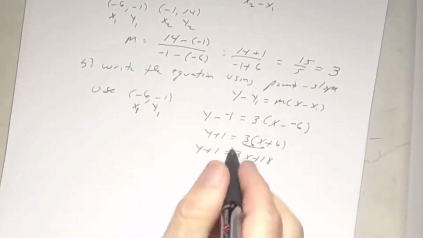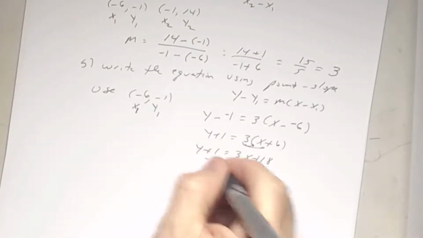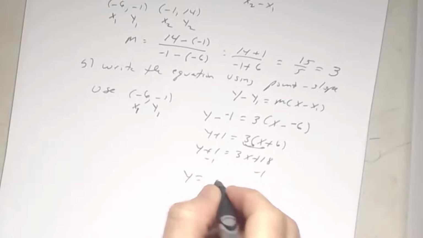All right. And so remember at this point, that's where we're going to first put it in slope-intercept form. So we're going to subtract 1. So I get y equals 3x plus 17. And now remember that's slope-intercept form, but they don't want the answer in slope-intercept form. They want the answer in what? Standard form.